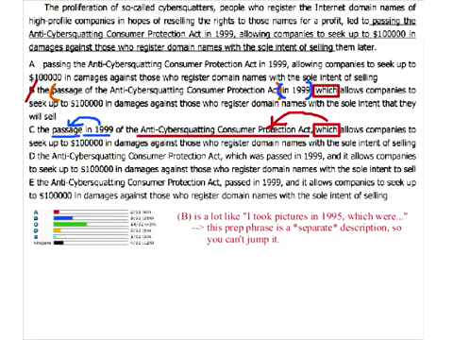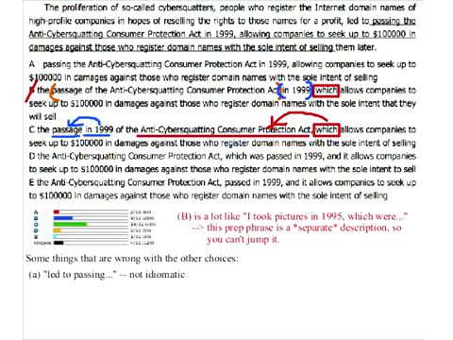Okay, so here are some things that are wrong with the other choices. Choice A: "led to passing" is not an idiomatic construction. Also, the comma plus -ing modifier is incorrect.